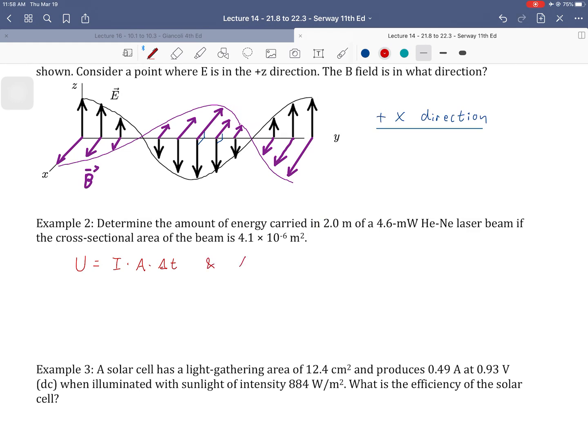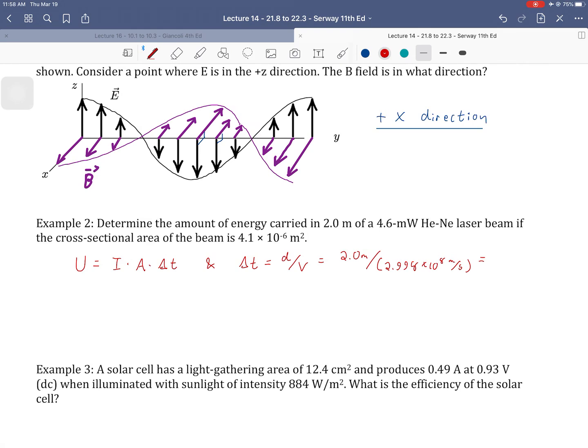So delta T is our distance over velocity, d over v, because that will give us how much time it took to travel the 2 meters. Not much time, obviously. So we have our 2 meters divided by our 2.998 times 10 to the 8 meters per second. So let's get that small number.